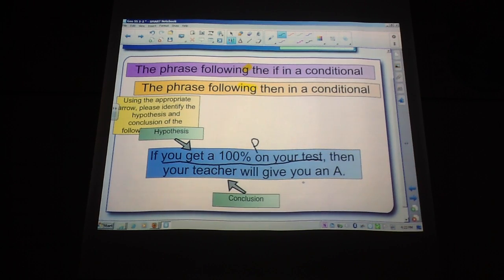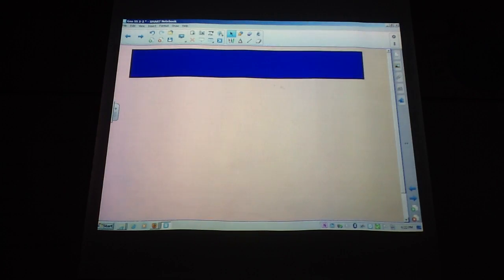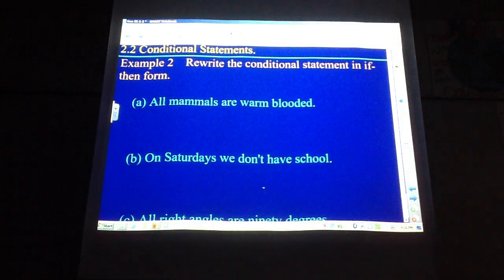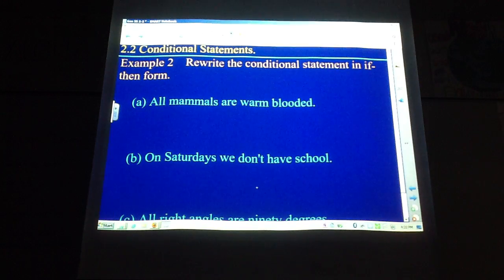That's your P, which would imply your Q, which will be your teacher will give you an A. The regular class would do this. We're going to go ahead and move on. Pause if necessary, and rewind and look at it if you need to.